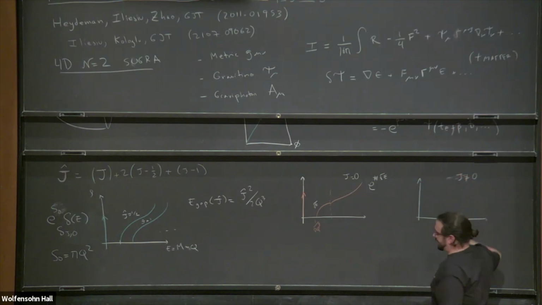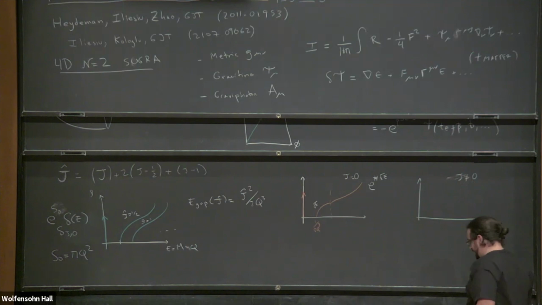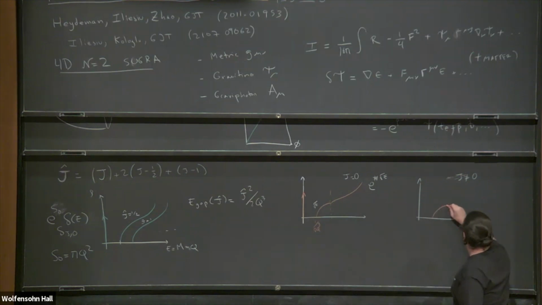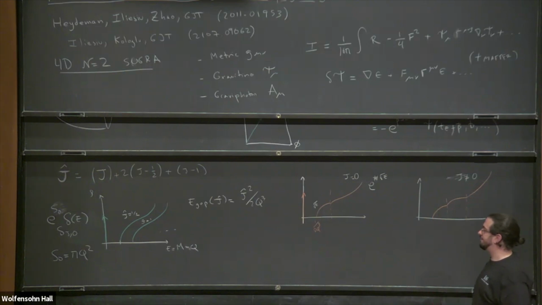They behave the same as in Einstein-Maxwell theory, and then the density of states goes something like this. Here there are 2 jumps, which are the different points where the different multiplets that have a certain angular momentum can contribute.